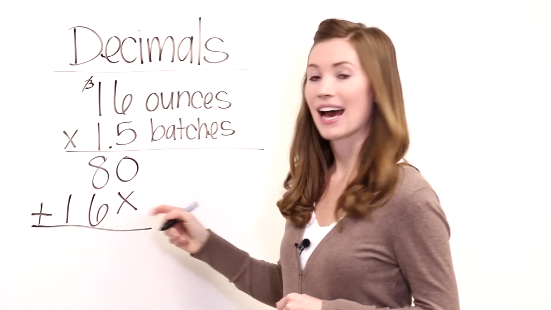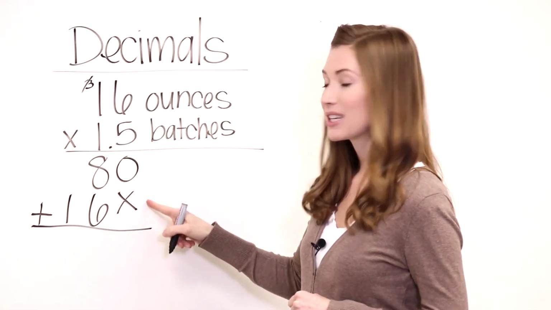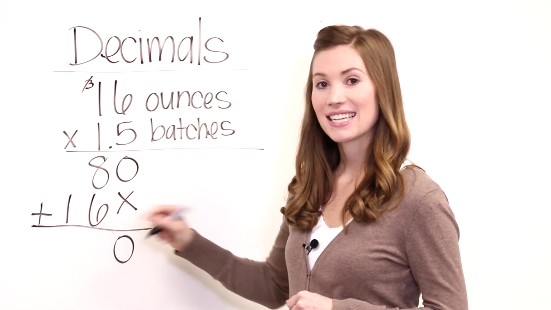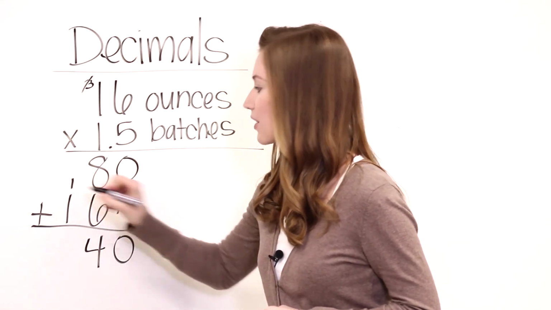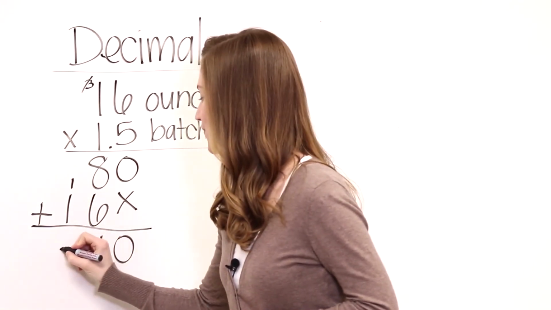Now we're going to add our numbers so we can get our final product. 0 plus nothing is 0. 8 plus 6 is 14. We write the 4 and carry the 1, and 1 plus 1 is 2.